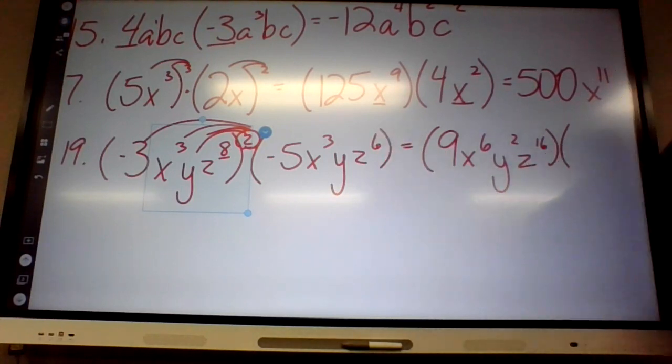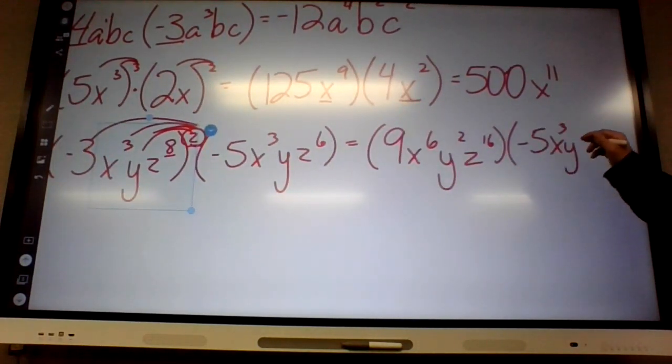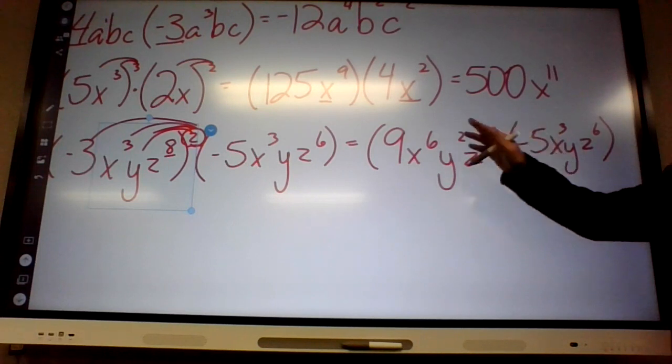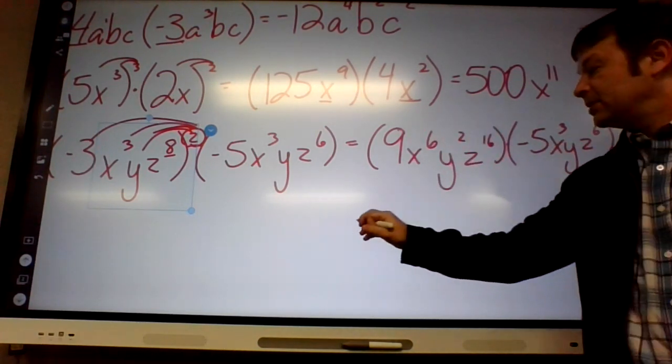Now there is no exponent on the second one, so we're just going to leave that the same. Okay, now what do I do? Right, multiply these two terms together. 9 times negative 5.